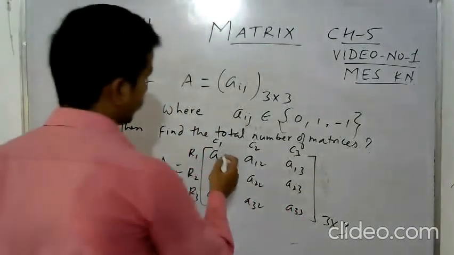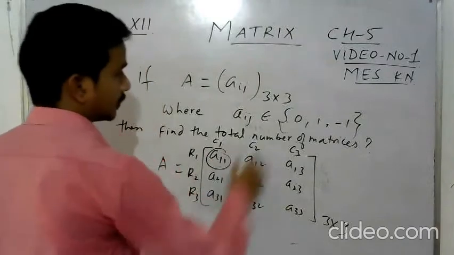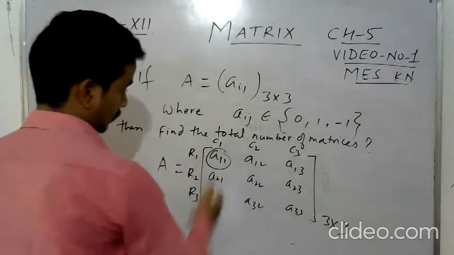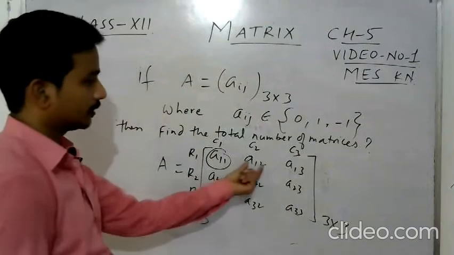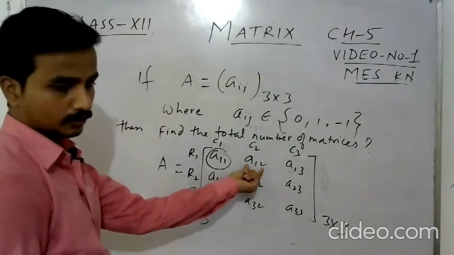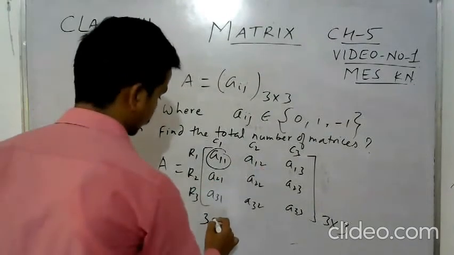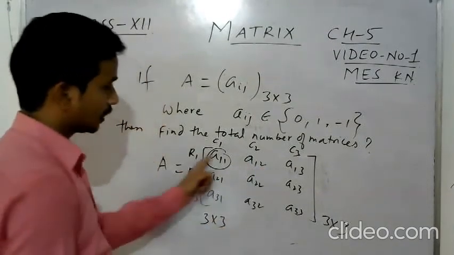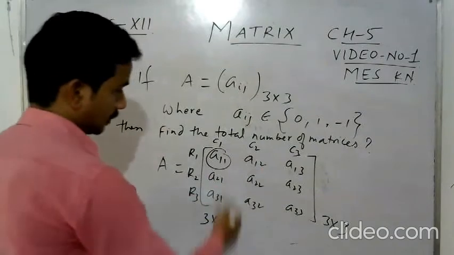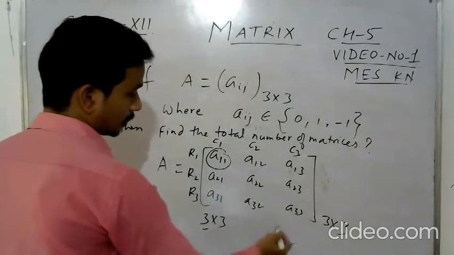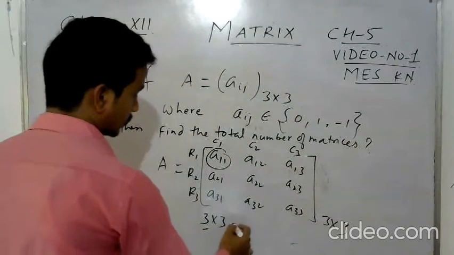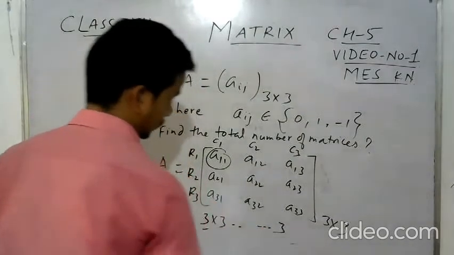Now every element, this A11, can take these 3 values. So how many values can A11 take? There are 3 values. How many values can A12 take? Also 3 values. So there are a total of 9 elements, and every element can take 3 values. So 3 into 3 into 3. How many times will 3 be multiplied? 9 times.